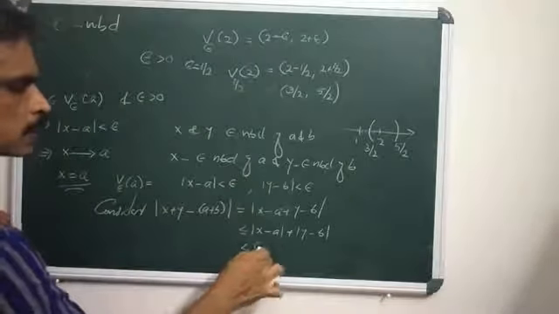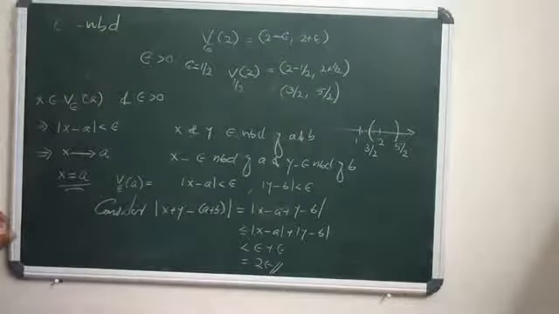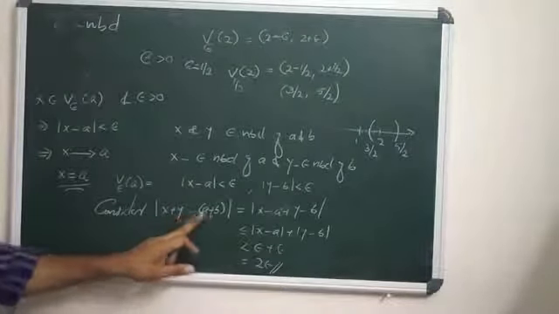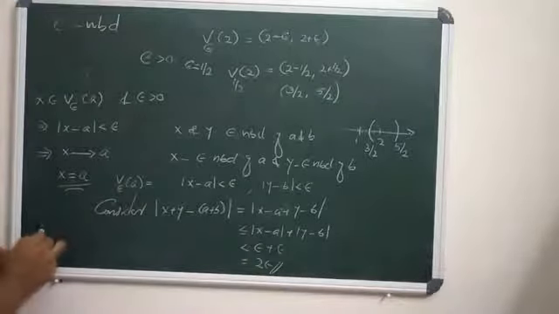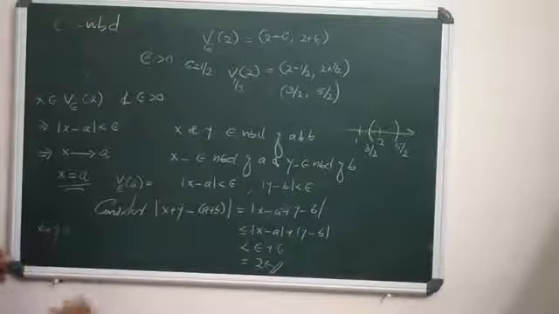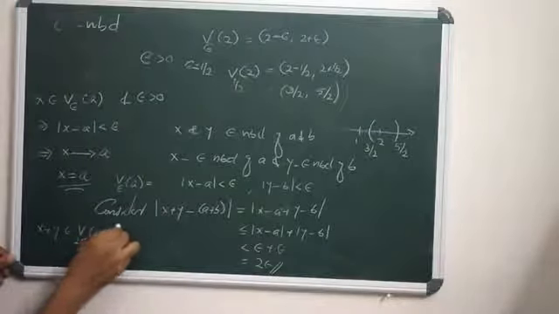So it is strictly less than epsilon plus epsilon, which means 2 epsilon. So modulus of x plus y minus of A plus B is strictly less than 2 epsilon. So that means this x plus y belongs to the 2 epsilon neighborhood of A plus B.